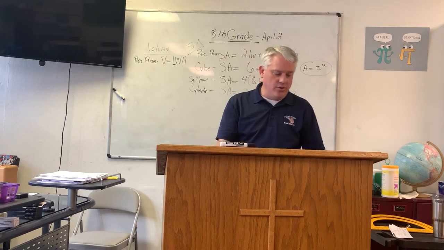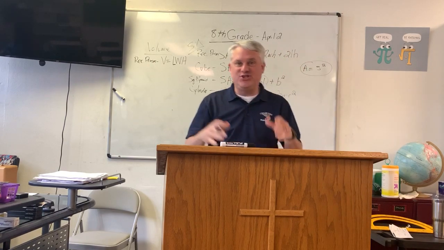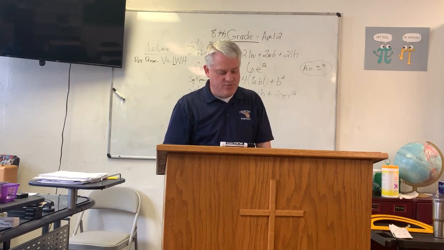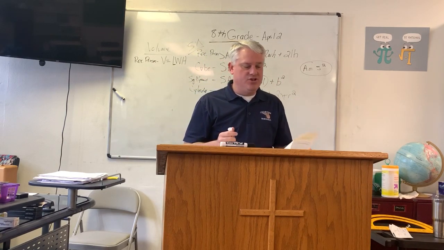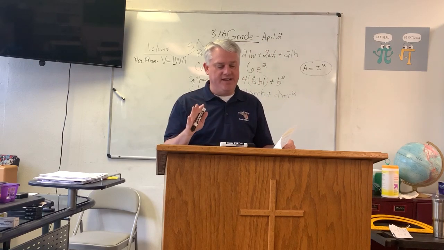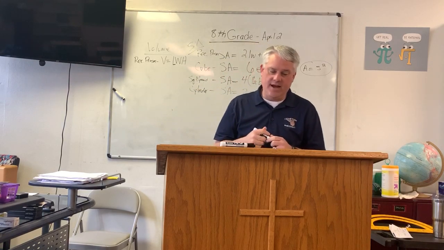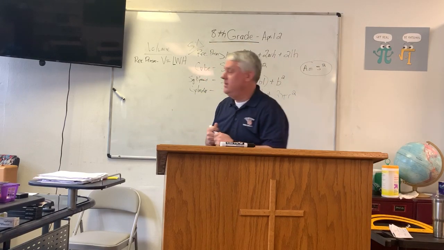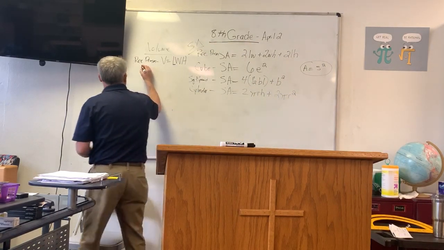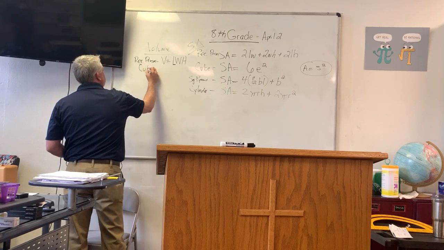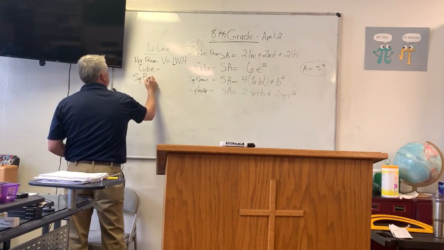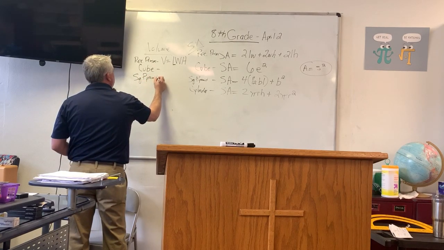And then the final lesson in this packet of information you're going to do for me is lesson 146. There are two more shapes that you're going to find the volume of. Lesson 146 is going to be the volume of the cube and the volume of the square pyramid. So just two more formulas for us to do.